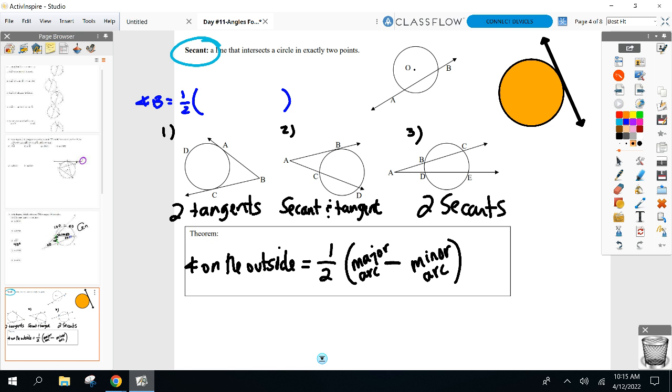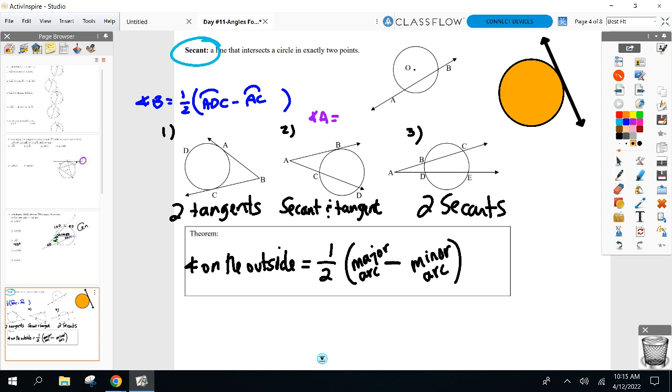ADC. Okay, I would take whatever arc measure ADC is and subtract what from it? AC. Good job. Let's go to that second diagram now. How would I find angle A here? When we say major and minor, those are the arcs in between the angle that's formed.